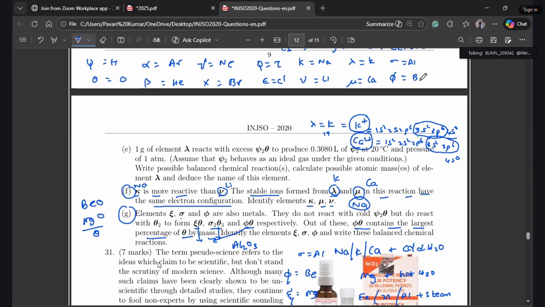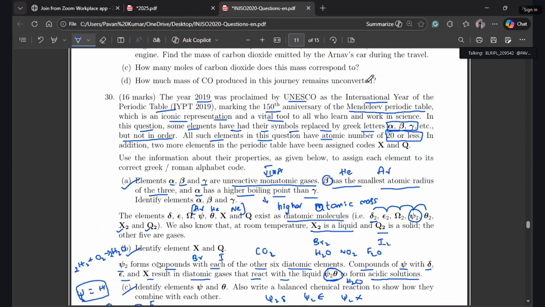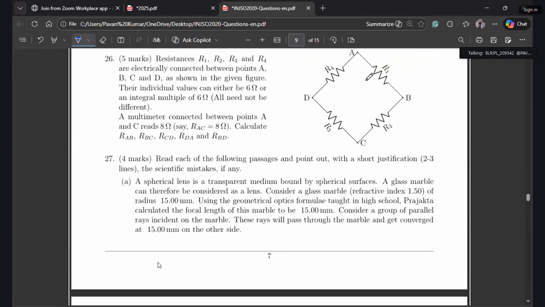Phi is beryllium. And epsilon is magnesium. So these are the questions they gave in the exams for 2020 and 2025. So I'm expecting one question based on this periodic properties in this academic year. Any doubts you can ask me in this.